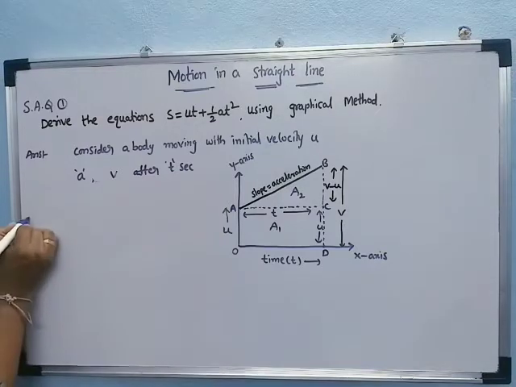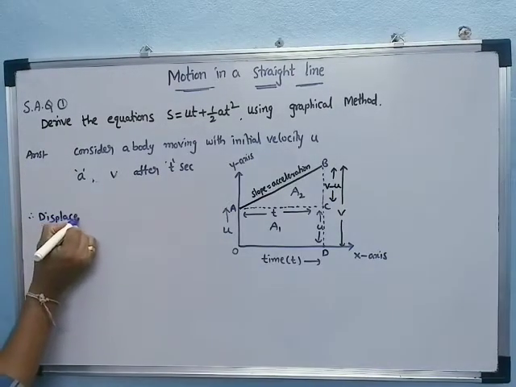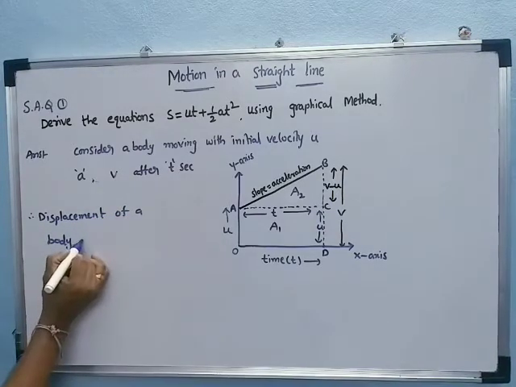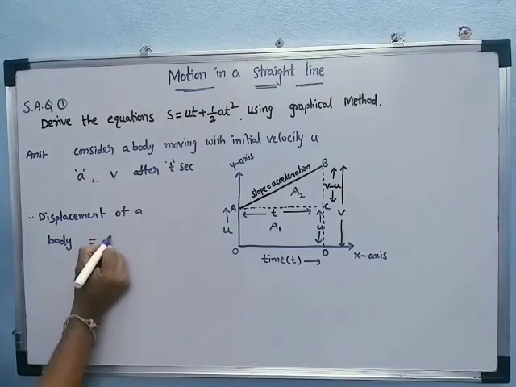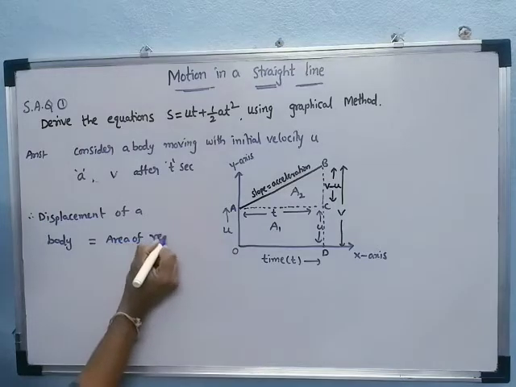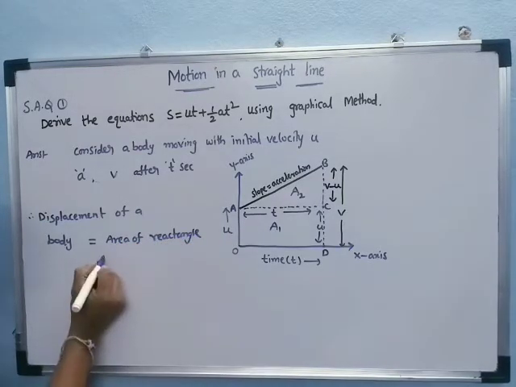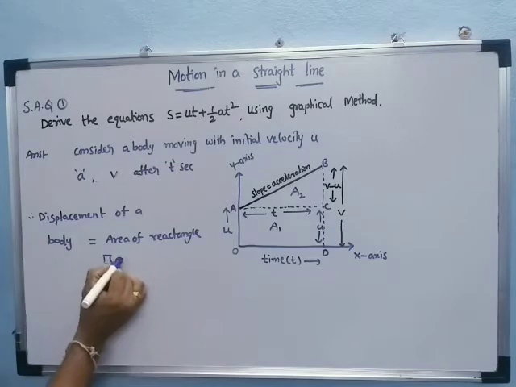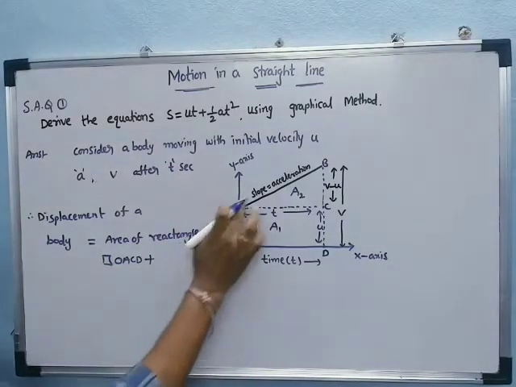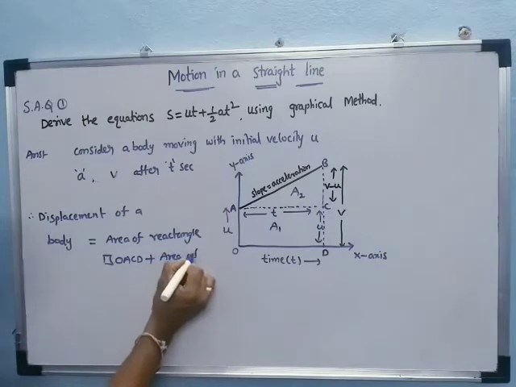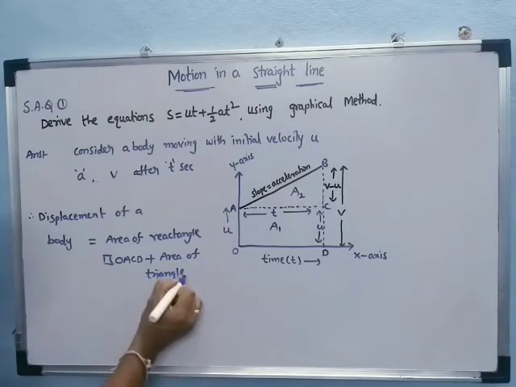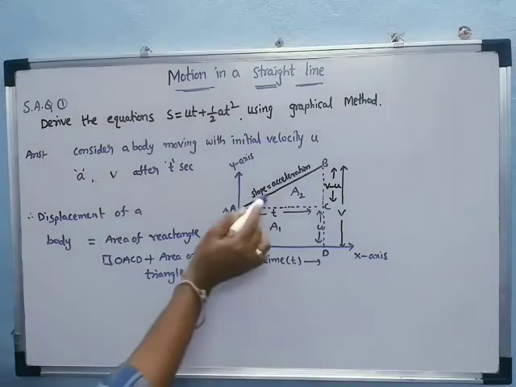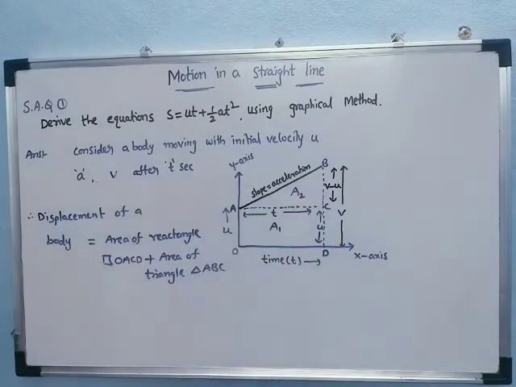Therefore the displacement of a body is equal to the area of the rectangle, between the points O, A, C, D, plus the area of the triangle, which is ABC. The total area under the slope is equal to displacement.